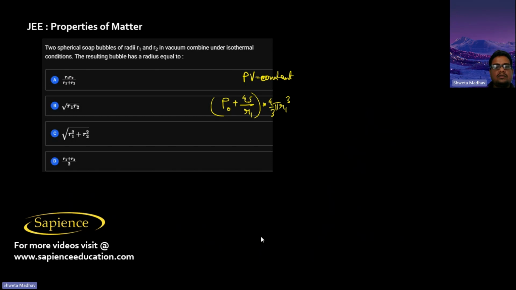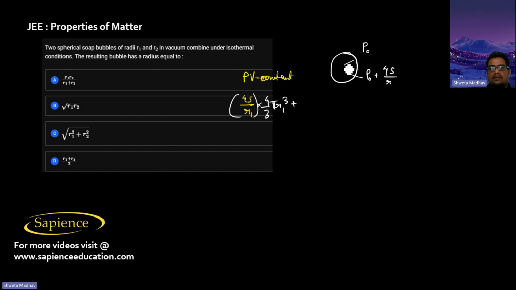Pressure into volume, that is constant. So we say that is 4s by r1 into 4 by 3 pi r1 cube plus this way. If we take a bubble, then if the outside pressure is P naught, then the pressure inside will be P naught plus 4s by r if the radius is r.